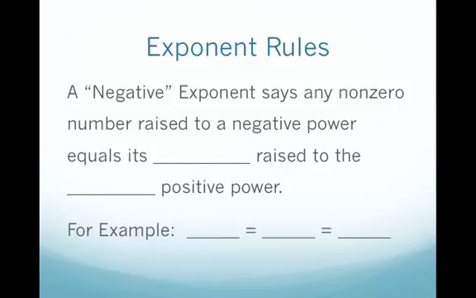So in the first blank should be a word that we went over earlier, and in the second blank should be another word. For example, blank equals blank equals blank. You're going to make up an example, then simplify it, and then give me the answer.